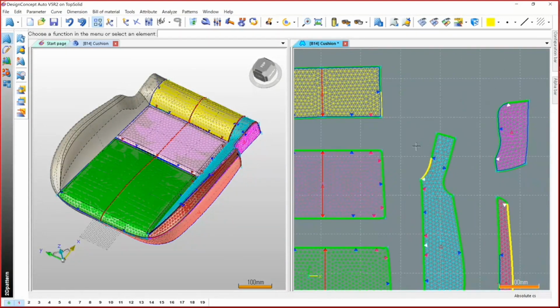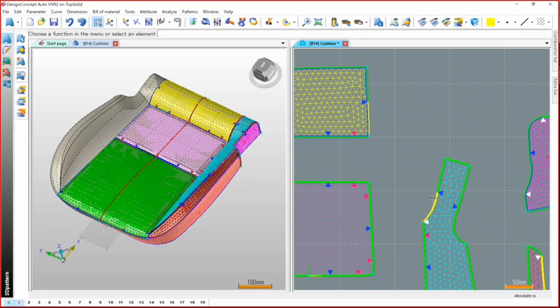For example, he's showing here the red color and black color.